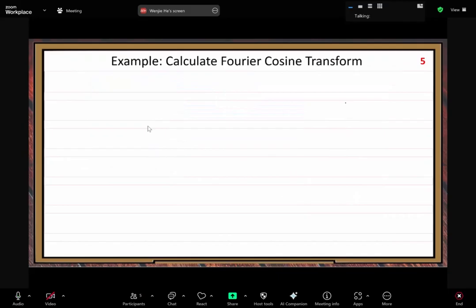Then let's do an example. Find the Fourier cosine transform of the special function. Here, when we do the Fourier cosine transform, we want to see how hard it is to calculate.